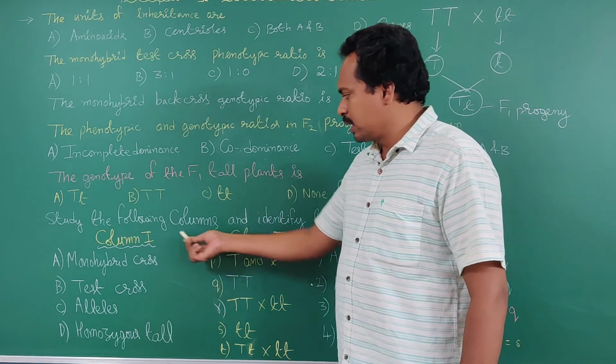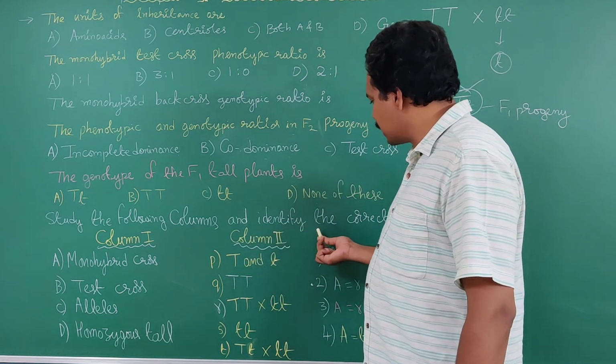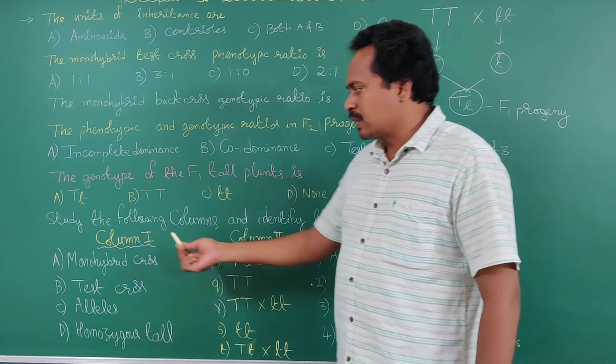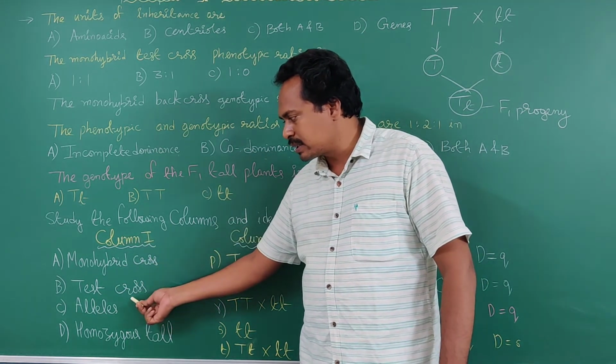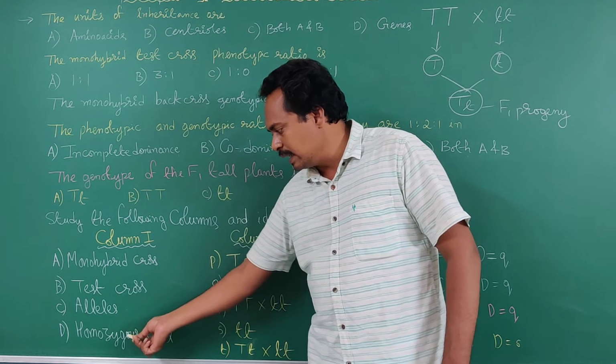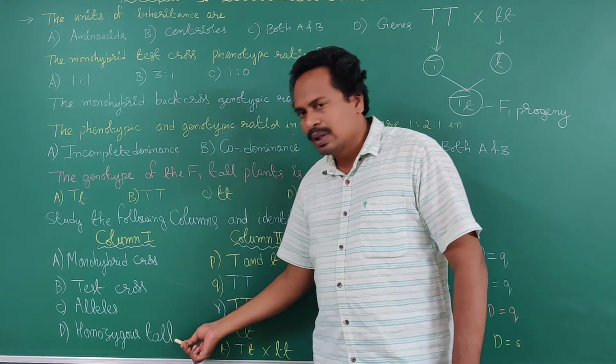Study the following columns and identify the correct match. Column 1: A monohybrid cross, B test cross, C alleles, D homozygous tall.